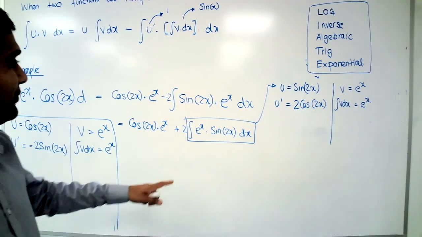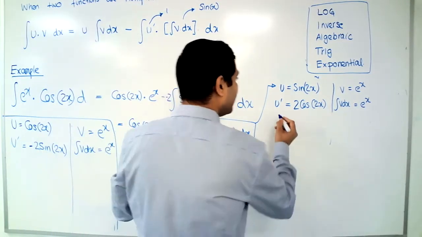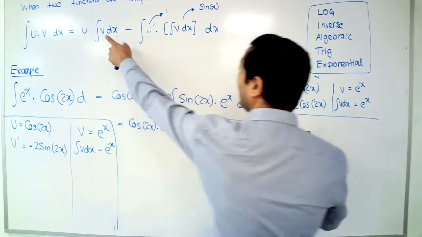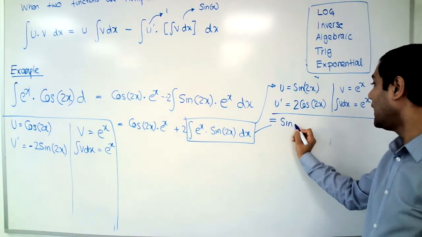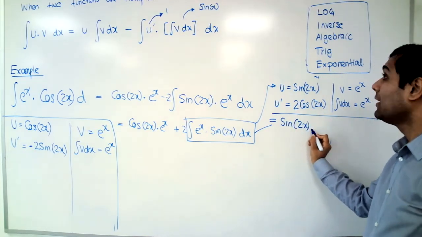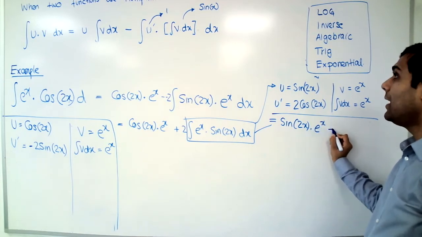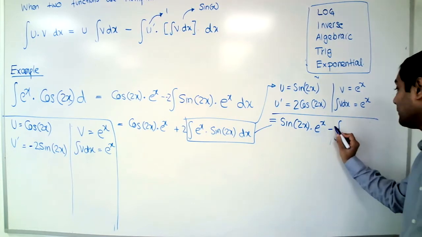Now, when I got that bit, I need to do it again. I need to put that in this formula again. So let me just get rid of that bit just to create some space. So this thing will become, according to this rule, the u is sine 2x. And the v is e to the x minus u dash, which is 2 cos. So let me put the 2 outside.